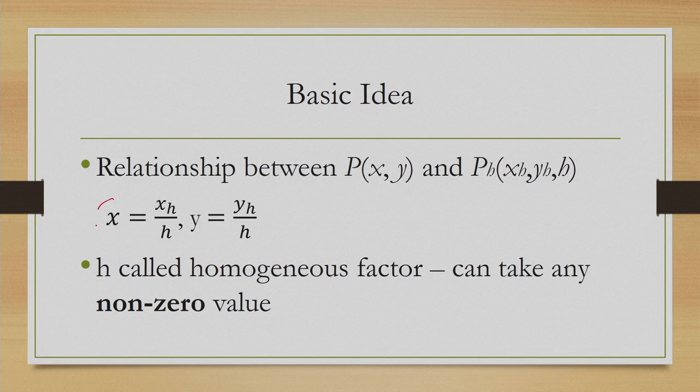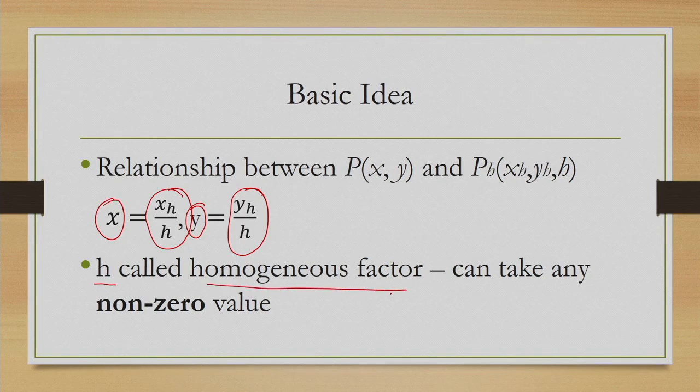The original coordinate x is equal to the x coordinate in the homogeneous coordinate system divided by h, which is the third coordinate value, and the original coordinate y is equal to the y coordinate in the homogeneous coordinate system divided by h. H is called the homogeneous factor, and it is important to note that it can take any non-zero value. It must be a non-zero value.